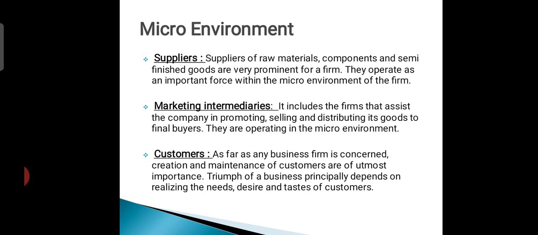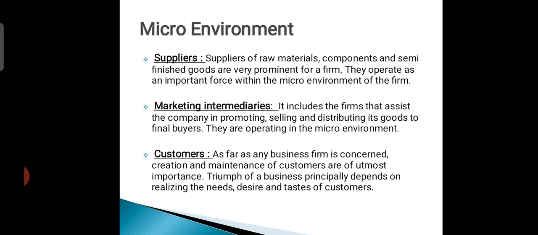All these are included under marketing service agencies. They will help us to increase the sales volume and at the same time to find the consumers. They provide various types of advertisement in different media. They will provide consultancy services for our organization. That is the main service provided by this type of agency.